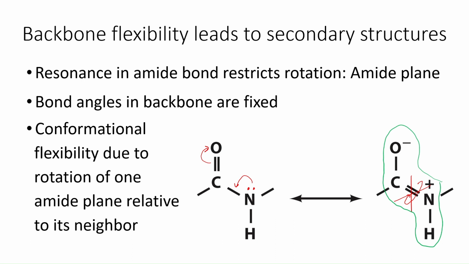And so the only conformational flexibility in the polypeptide backbone is due to the rotation of one amide plane relative to its neighbor. So when you think about a long polypeptide chain, most of the bonds are relatively fixed, but each amide plane that corresponds to each peptide linkage can rotate around the neighboring amide plane.